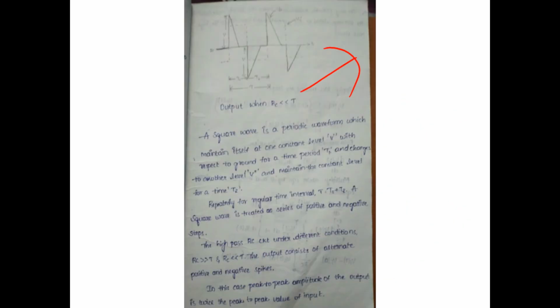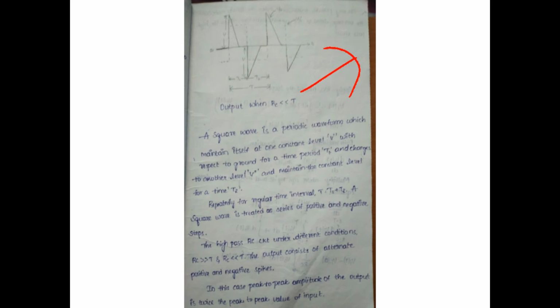Let us see the other condition, that is RC less than T. In the RC less than T condition, the capacitor charges, but when we increase the frequency, the output signal reduces. That means the signal will reduce to a lower level, and it will produce the signal as spikes. The square wave is a periodic waveform, and it maintains the constant level.